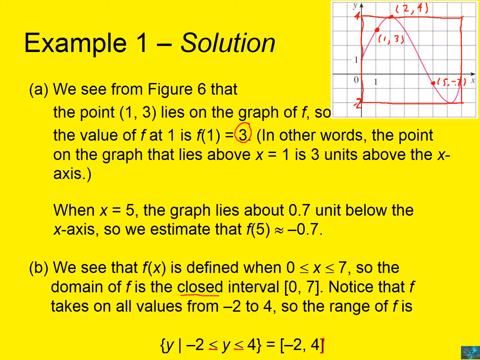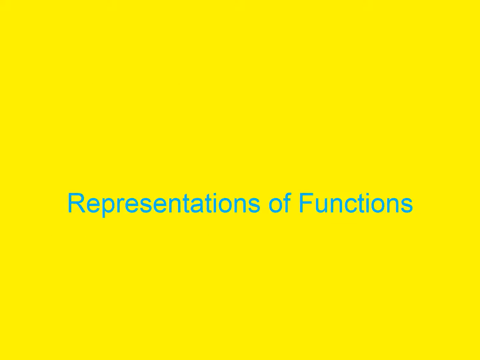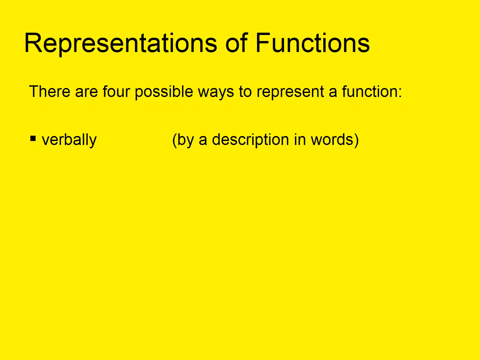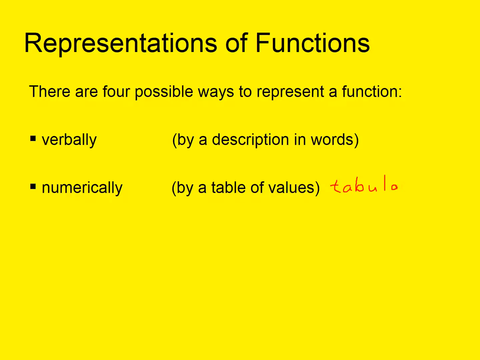And so we see another way to represent a function. There are 4 possible ways to represent a function. Verbally, that is by a description in words, right? We could just say in words that the area of a circle depends on its radius. Numerically, by a table of values. Sometimes we say tabularly, which is actually quite a bit more fun to say.